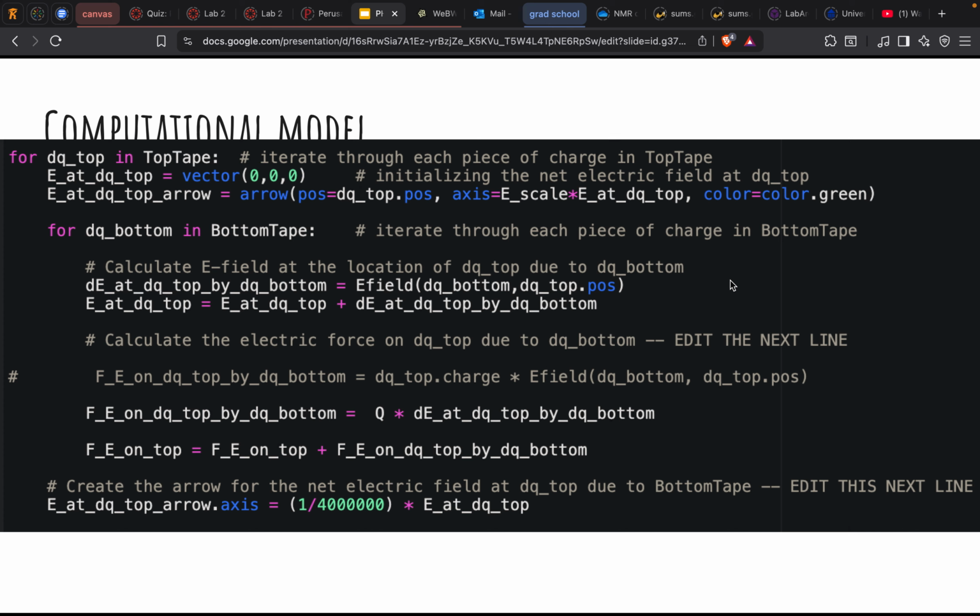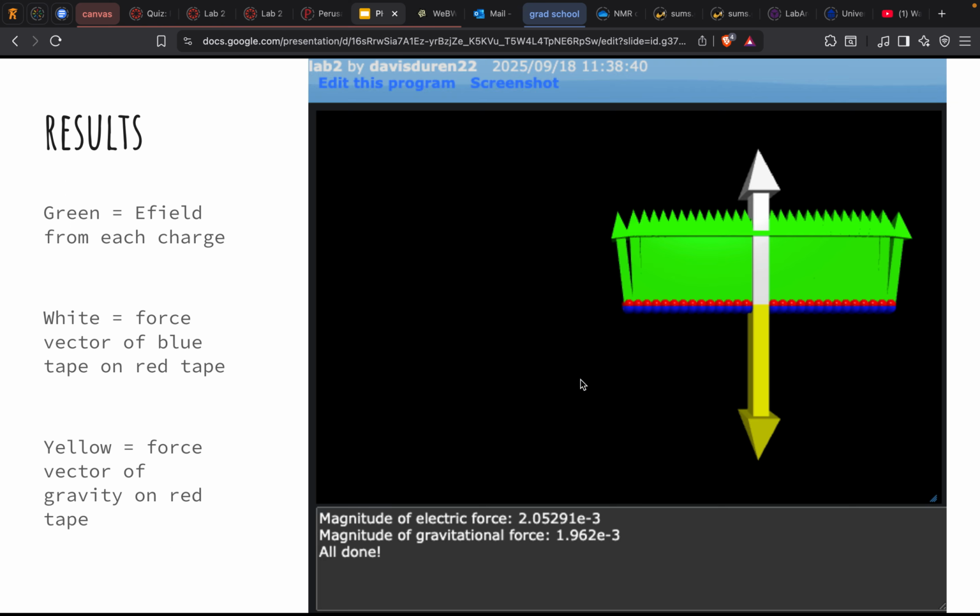This code adds up each modeled point charge from the lower tape on the top tape. Essentially we split up the lower tape into a bunch of small point charges, add up their E-field vectors in this for loop, and this creates the net electric field at the top charge due to the entire bottom tape. Here are the results from this code.